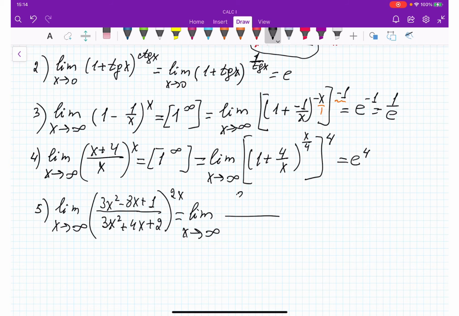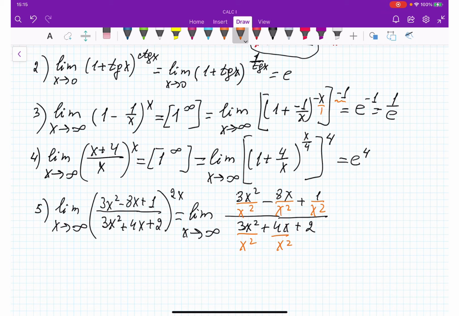So it's going to be 3x squared divided by x squared minus 8x divided by x squared plus 1 divided by x squared. Same thing for the denominator, 3x squared plus 4x plus 2 divided by x squared, and all this raised to the power 2x.